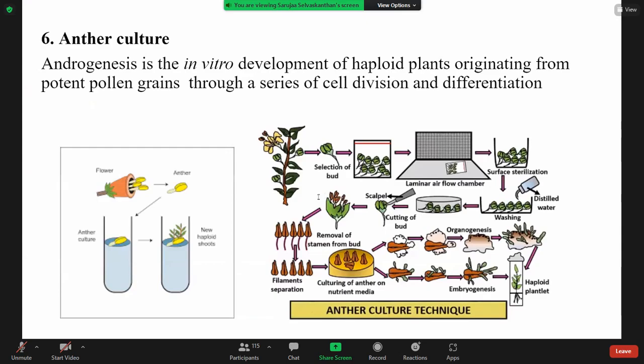Anthers we can directly culture on the nutrient or culture media. Organogenesis is possible; if not, embryogenesis is possible. Whatever it is, we can obtain the haploid plantlet, since this is n.